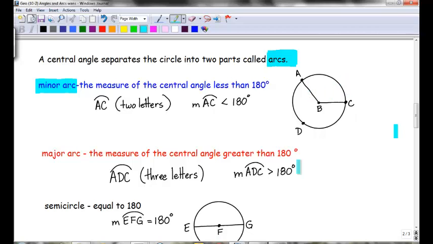And a minor arc, you label it with two letters, with an arc above them instead of a straight line like a line segment. When you talk about the measure of it, you use an M in front, and you say the measure of arc AC is less than 180. So it's a little bit on the notation.